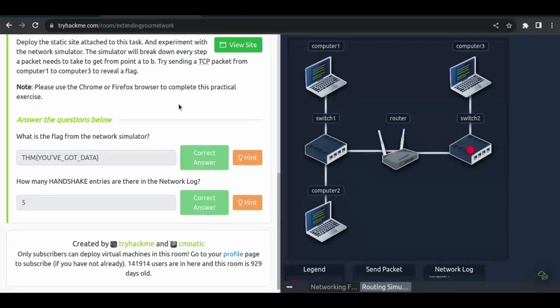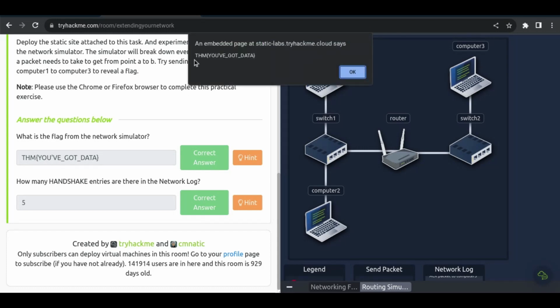It does take some time to populate the flag. So we've got the flag now. Just copy and paste that and you're set to go.